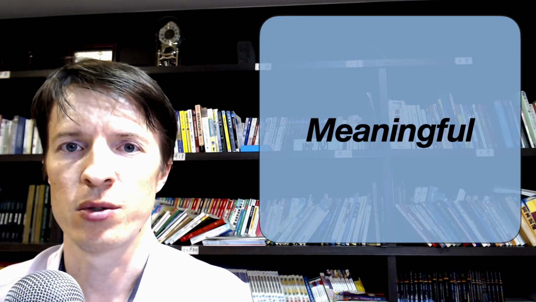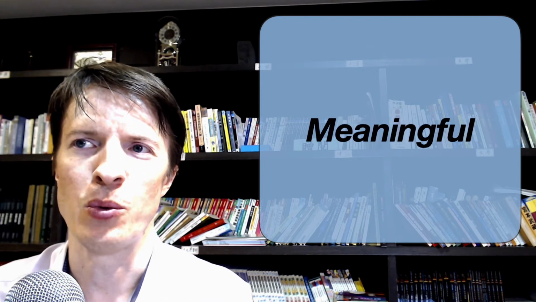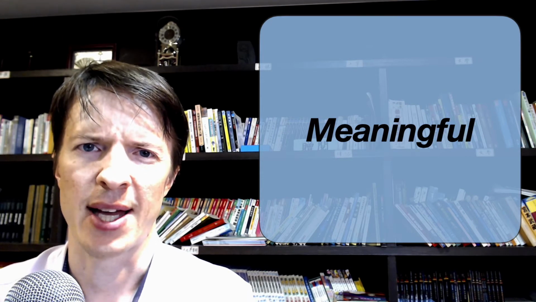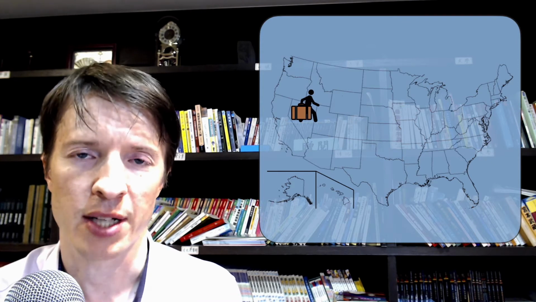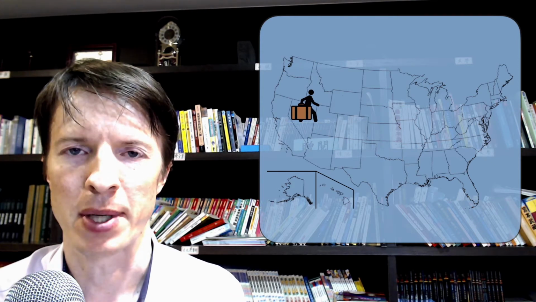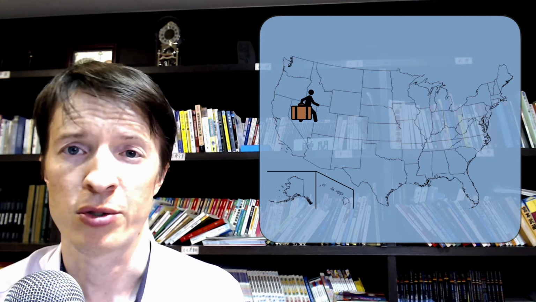The second attribute that we care about is meaningful. You want learning goals to be meaningful. In other words, you want them to matter to students. One way of achieving this is to think about where students are starting from. What kinds of experiences are they bringing to the table? What kinds of knowledge and skills and cultural background?